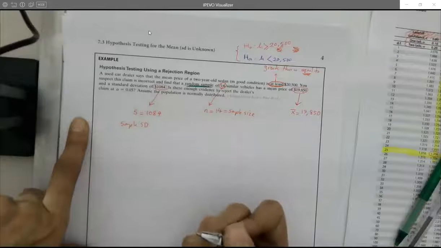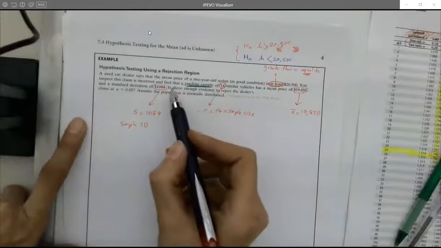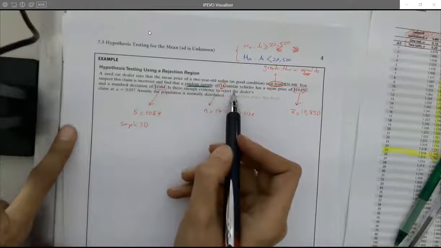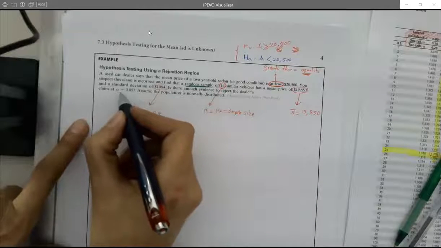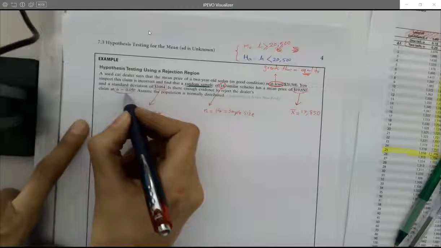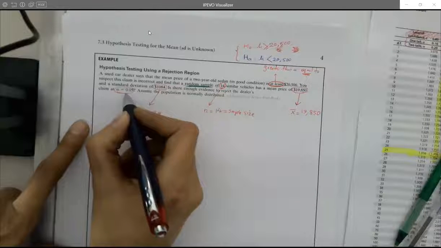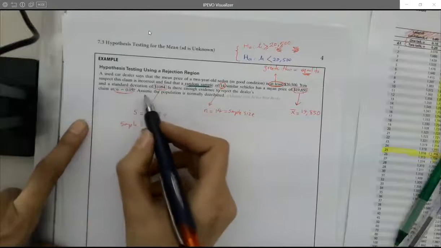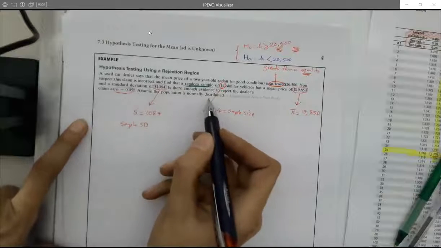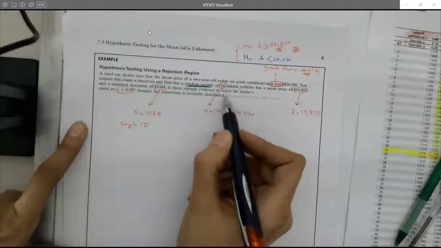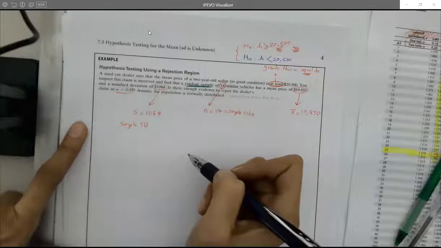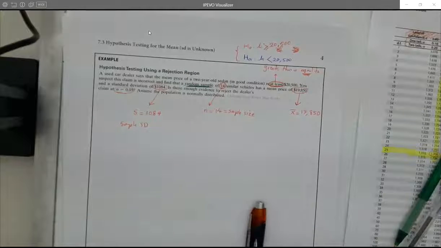So now, is there enough evidence to reject the claim at a level of significance that is also given to us, 5%? Okay, we're happy about that. Assume the population is normally distributed, so I'm not worried about the small sample size. Well, let us go to the board and start solving this.